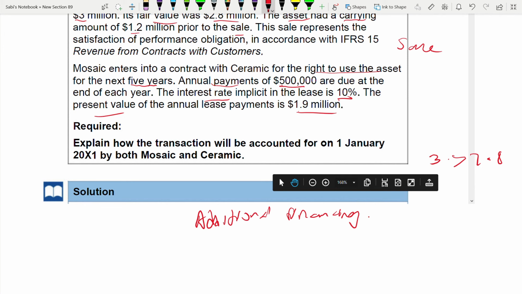Okay. Now, additional finance. So present value of lease payment is how much? 1.9. It's here. Now, it is assumed that 0.2 relates to the additional financing, because of the difference between 3, the sale, and the fair value, 0.2.